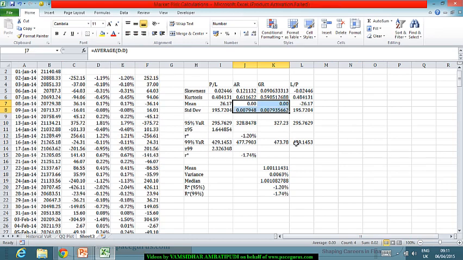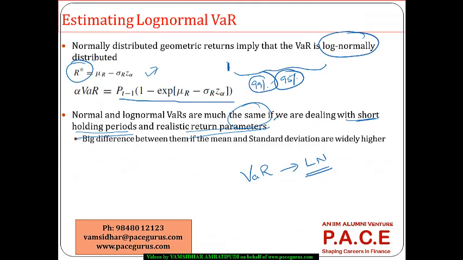I could see that in both cases, the mean and the standard deviation are not that widely deviating, and that's the reason the computed value at risk is not significantly different between these two procedures. So that's the way to go. First assess the distribution, and based on the shape of the distribution, we compute the value at risk accordingly. All right.